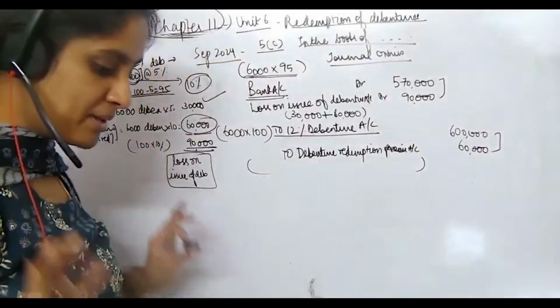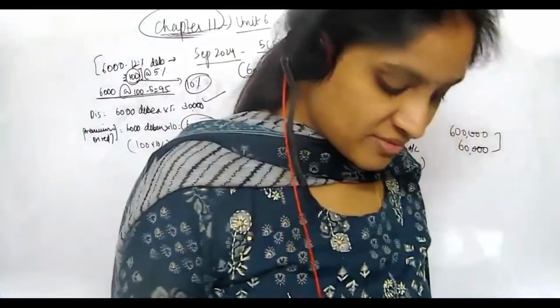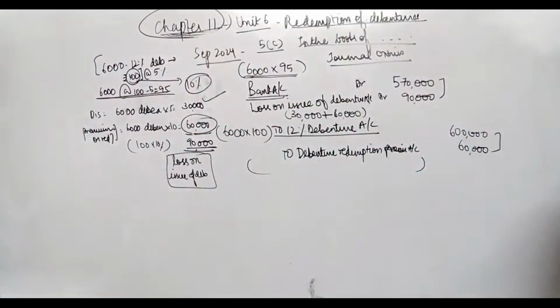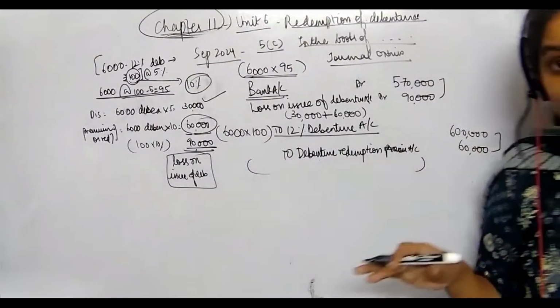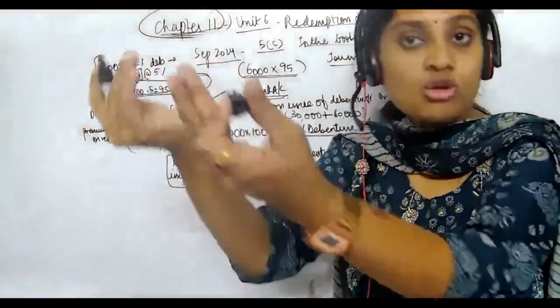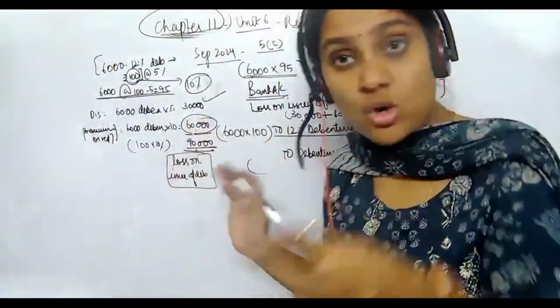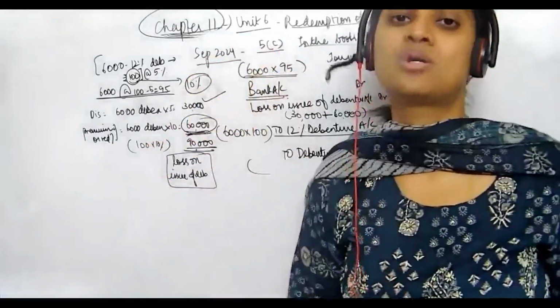This is the simple concept that I have taught you under your unit number 3, issue of the debentures, where we have specifically spoken about if the issue is being done at a discount, it is a loss. Apart from that, the redemption terms also will be given to you originally. Initially itself they will give. So if there is a premium on your redemption, that is also a loss for you.